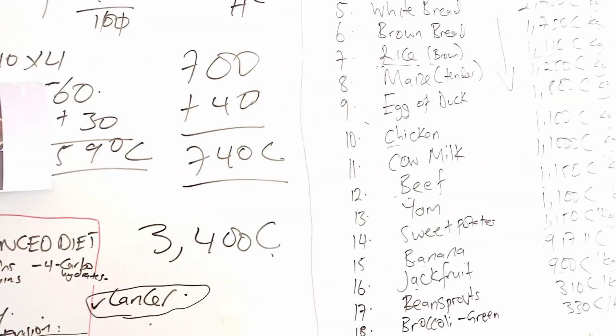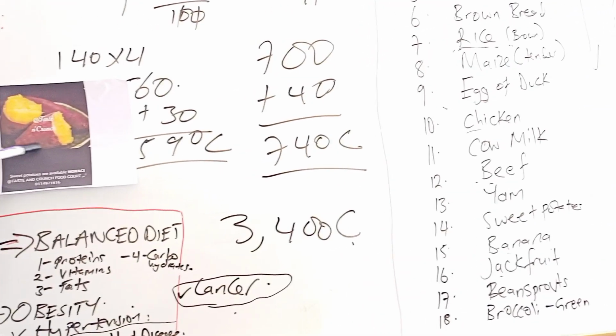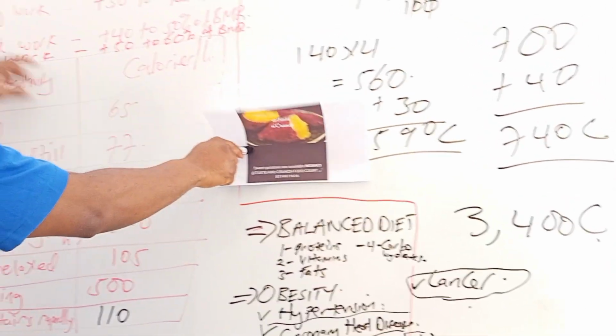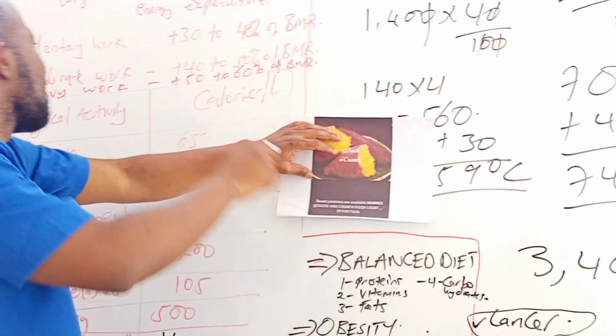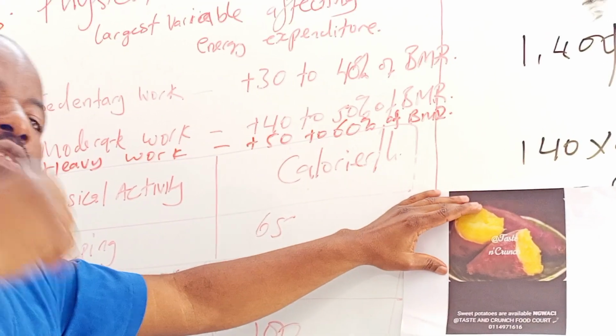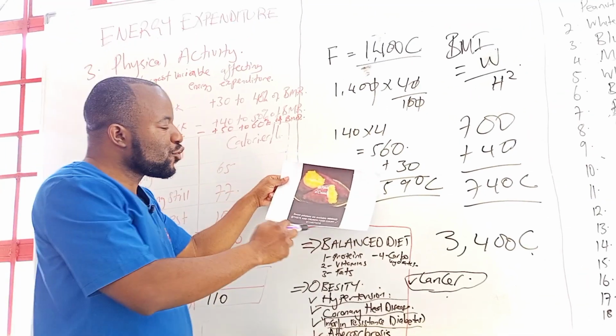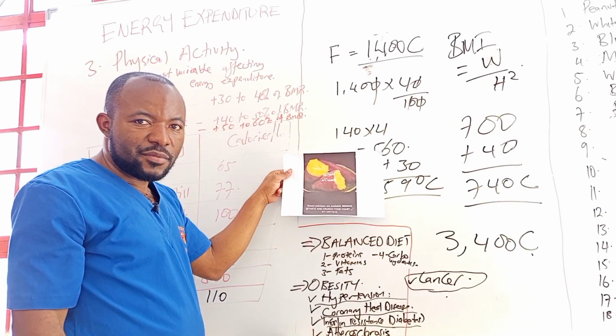So almost all the energy you have taken in is going to be retained. And if you are the kind that is sedentary, it means you're going to retain even more. So this one shouldn't be your snack.